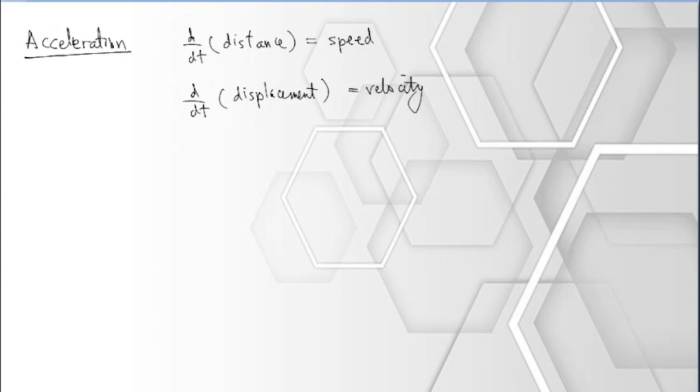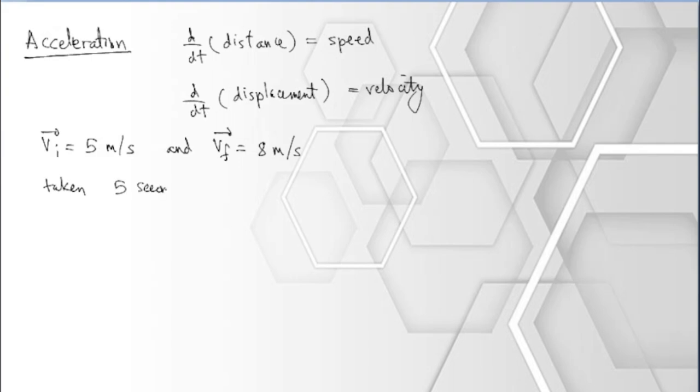Okay? So if v initial is 5 meters per second and v final is 8 meters per second, and this much change in velocity has taken, say, 5 seconds.